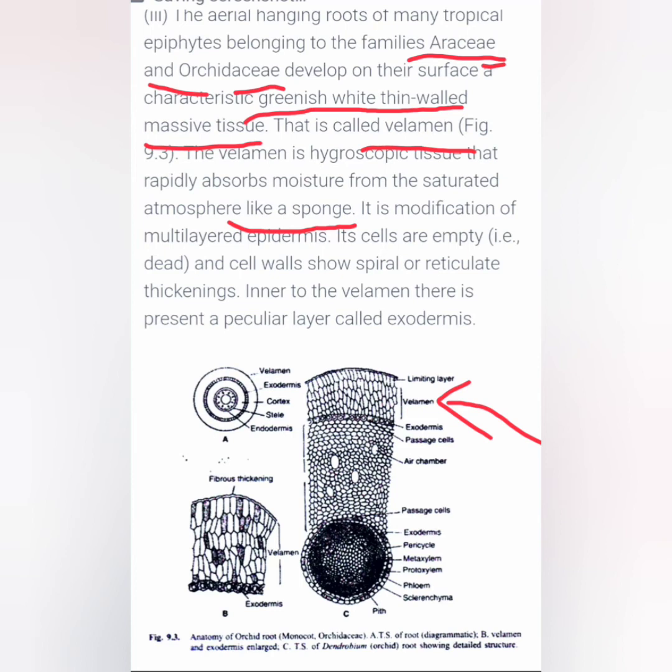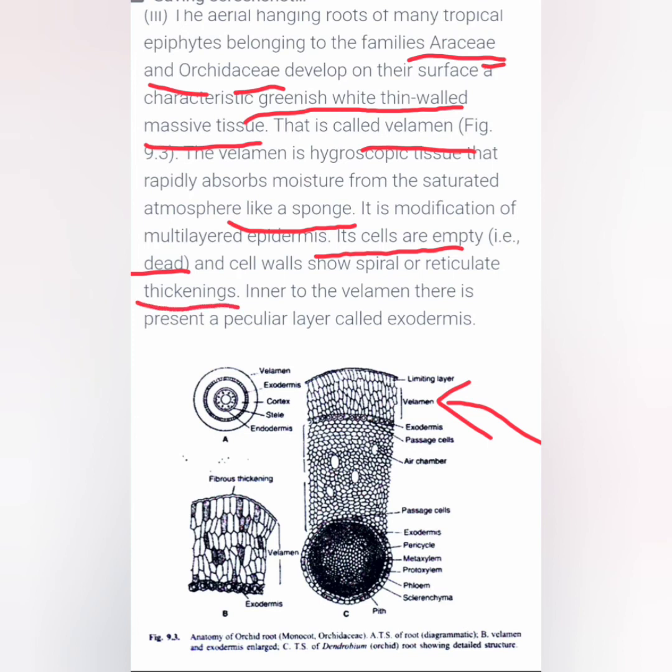And these cells provide support, prevent water loss, and assist the plant in absorption of water. Its cells are empty, that is dead, and the cell wall shows spiral or reticulate thickenings.